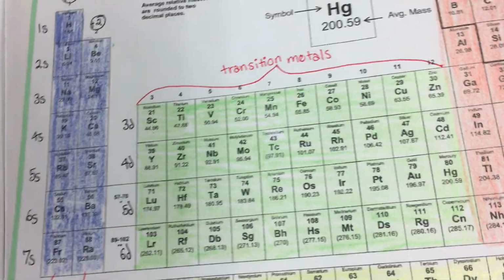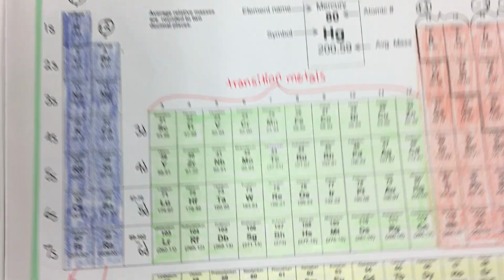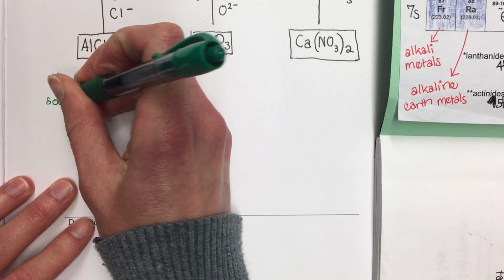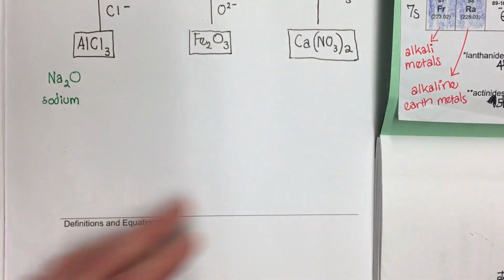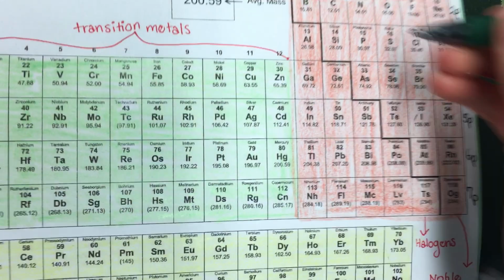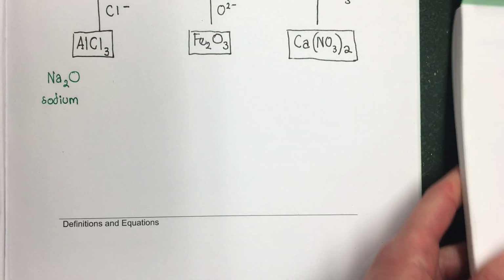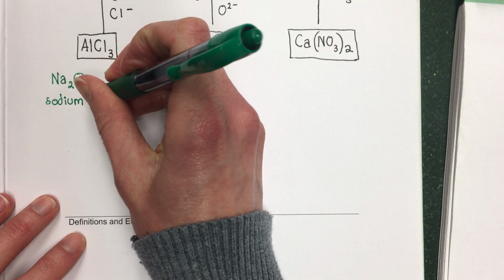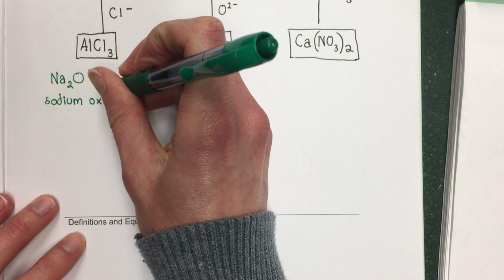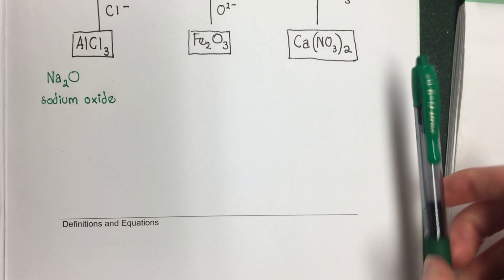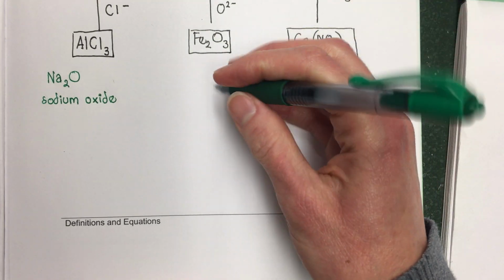So I look, Na is not a transition metal, so it's just going to be called sodium. And then O is oxygen, but it's the anion, so I need to change the ending to "ide". So it's sodium oxide.